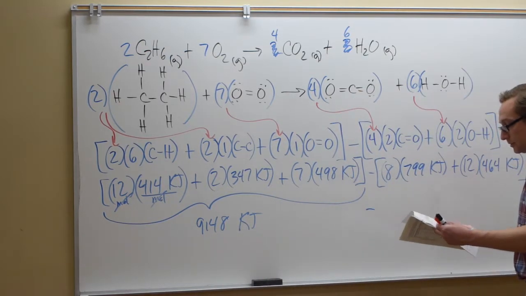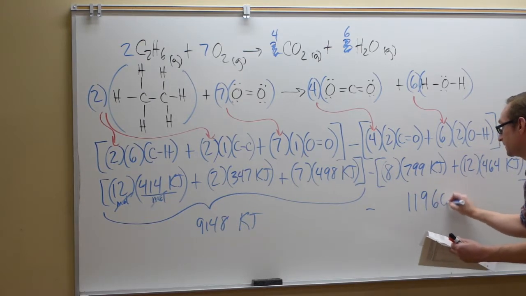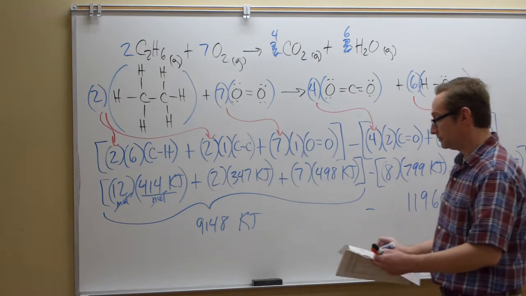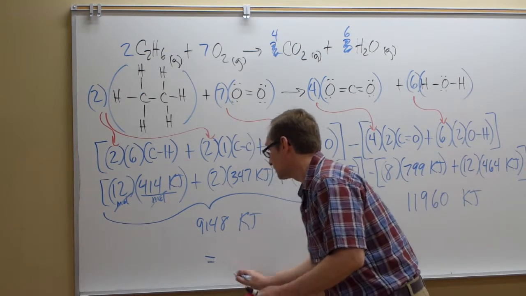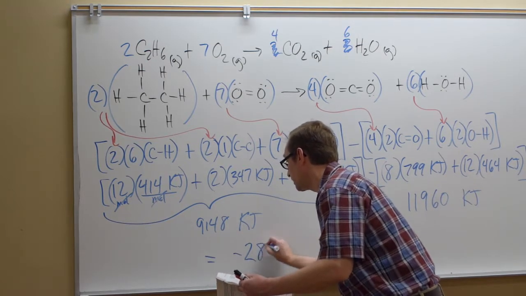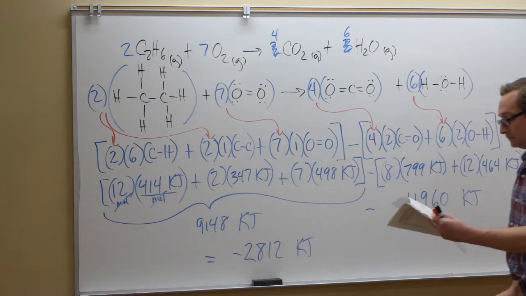And for the products, we would get 11,960 kilojoules. Okay, so subtracting these, you would get a negative 2,812 kilojoules.